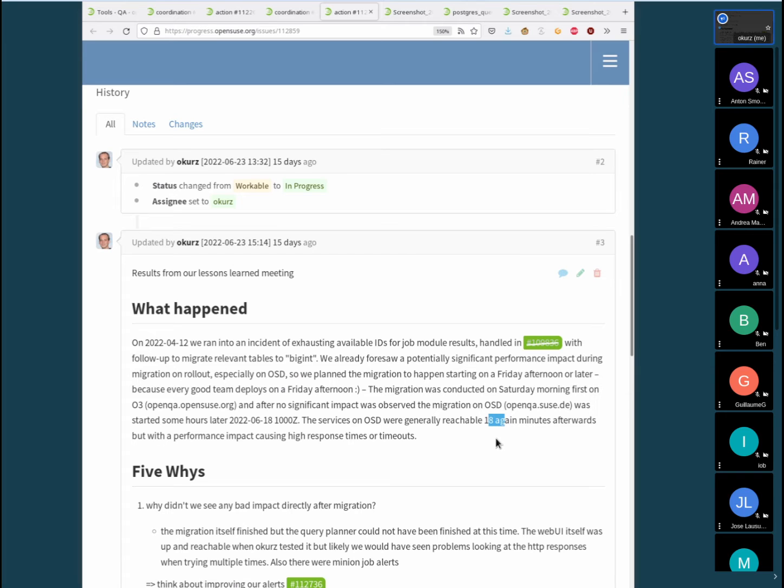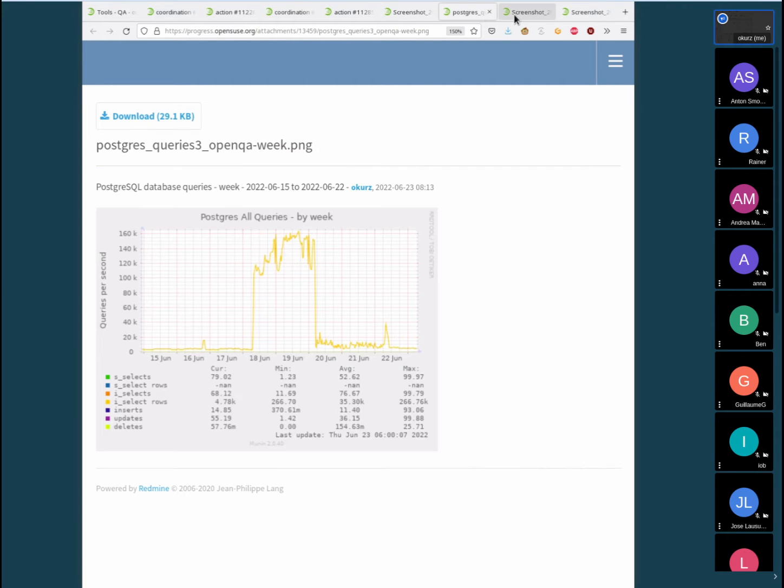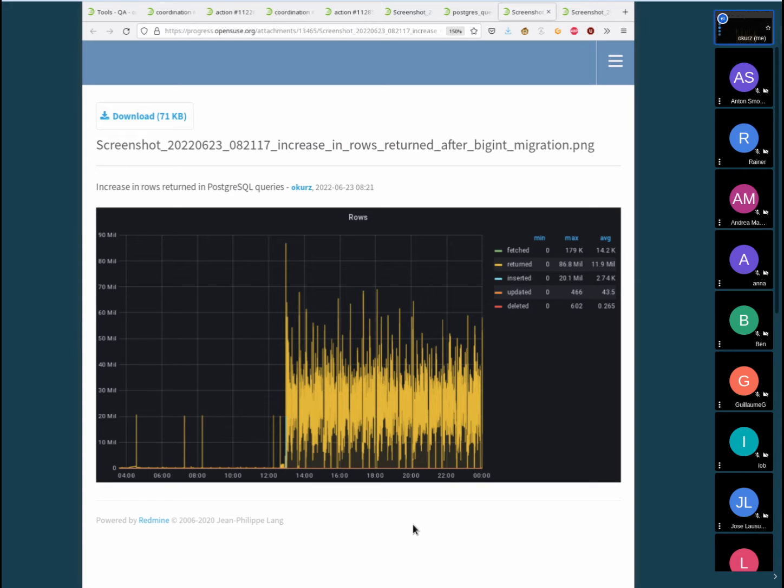Only afterwards, when I considered the initial step finished, did we observe a performance impact, which we did expect, but we didn't know exactly what it would look like. Here we could see what it looked like.